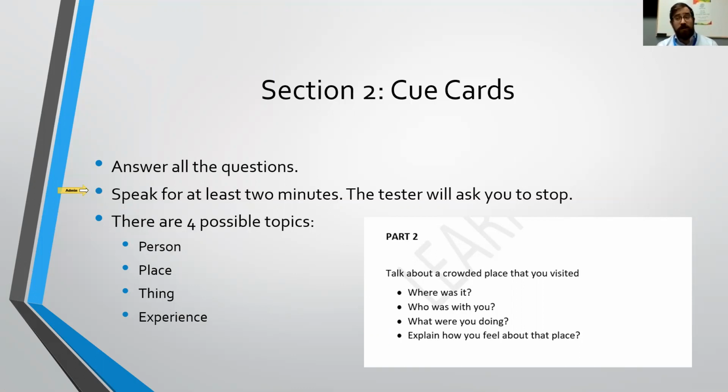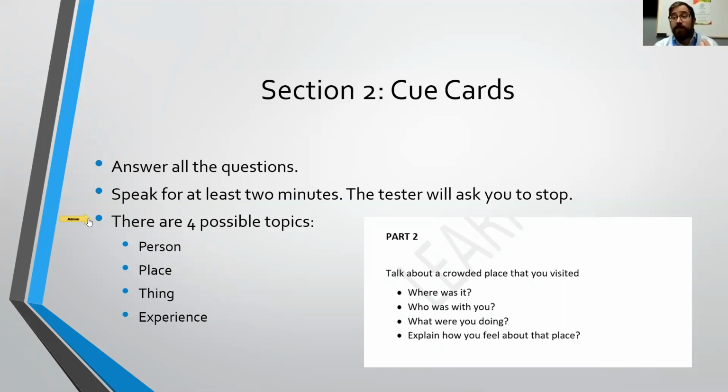So make sure to speak for at least 2 minutes on this. This can be a little challenging at first, but as you practice, you'll get better at that because the tester will ask you to stop talking once you've gone over 2 minutes. And it's much better to speak the whole 2 minutes than to only speak for 30 seconds, and then they won't have anything to look at for your English speaking ability.